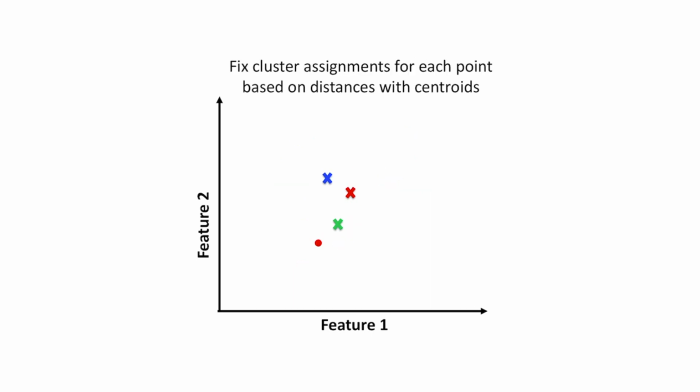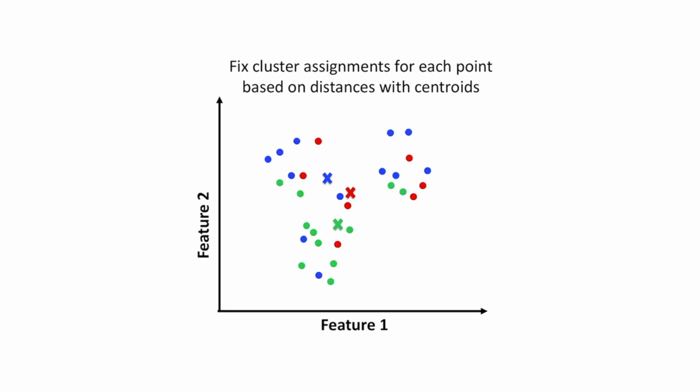So let's take one point, such as this red point. The red point was in the cluster that had this particular centroid, but now we can see that the red point is closer to the green centroid. Therefore, we will change the assignment of this red point to green.